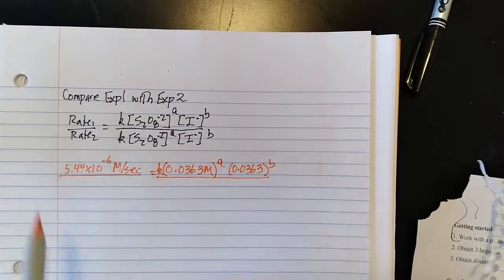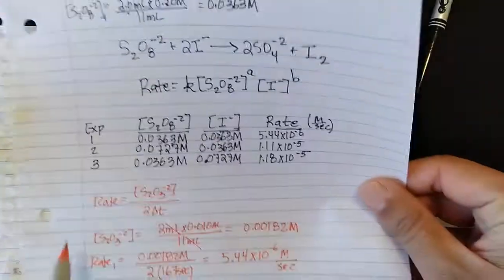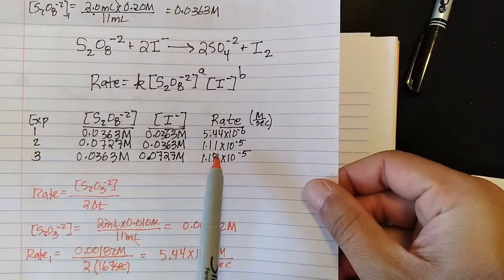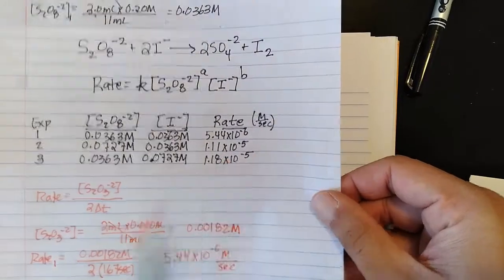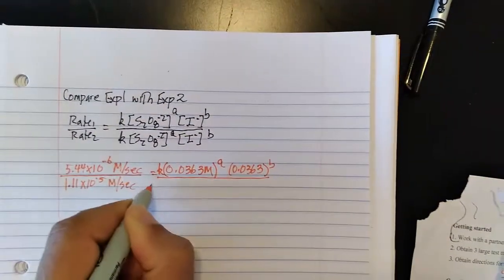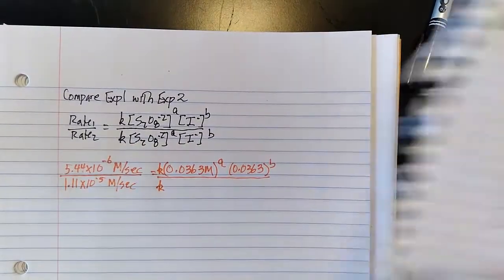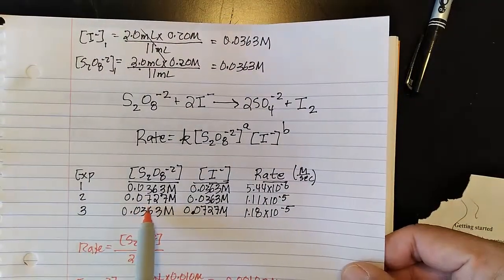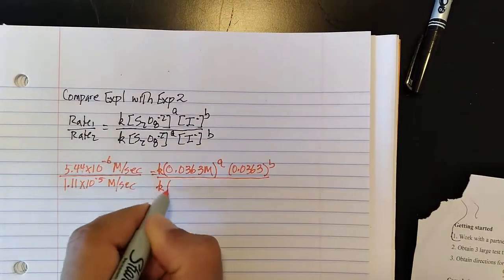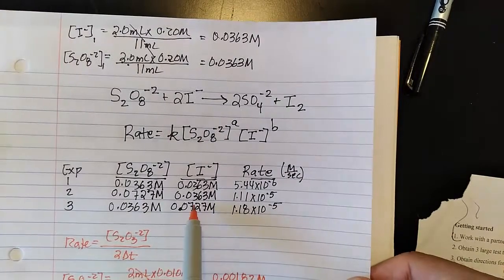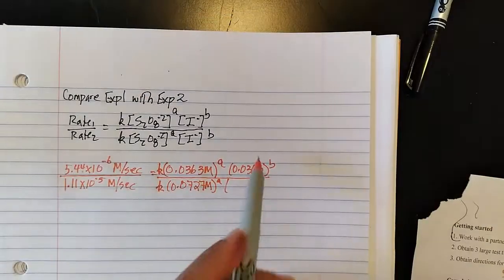All right, rate 2, experiment 2. Rate 2, we calculated it from this formula to be 1.11 times 10 to the minus 5. So let's put that in here. Rate is equal to K times the concentration of S2O8 minus 2 for experiment 2 was 0.0727 to the power of A times 0.0363 to the power of B for the I minus.